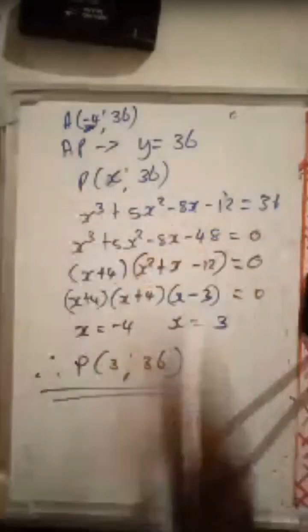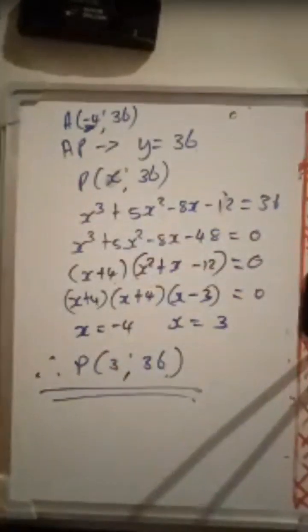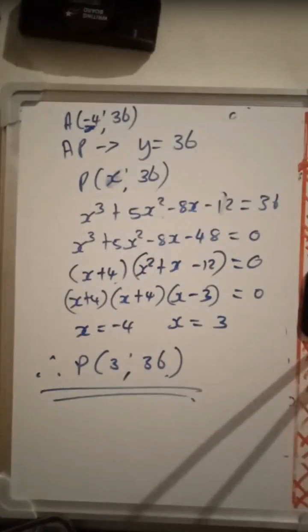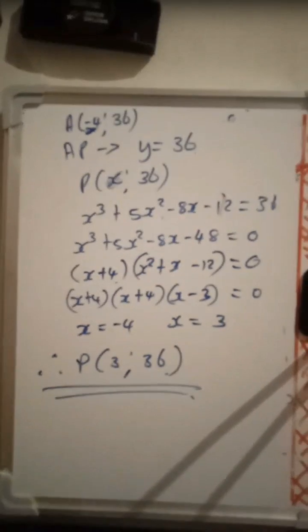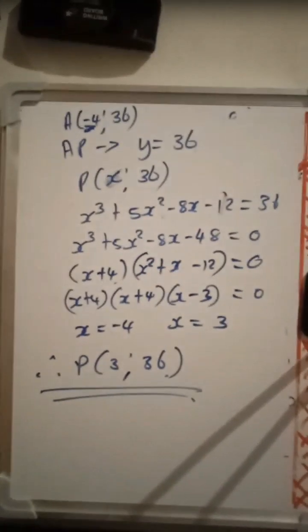But it needs an understanding that since AP is a tangent at a stationary point, the gradient is 0. So that is a horizontal line, which is going to be y equals 36. All right, that was number 6.